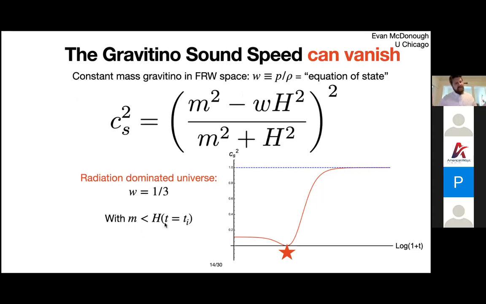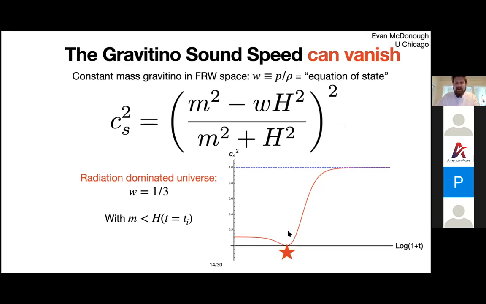So you have a radiation-dominated universe with this huge value of H, and then the radiation starts redshifting and H decreases as you go about your cosmological evolution. At early times, H dominates and cs squared is equal to 1/9. At late times, when H goes to 0 and all this radiation has redshifted away, cs squared just goes to 1.